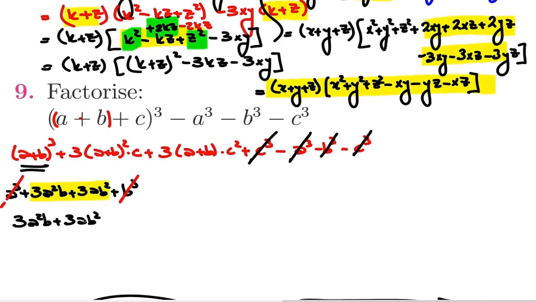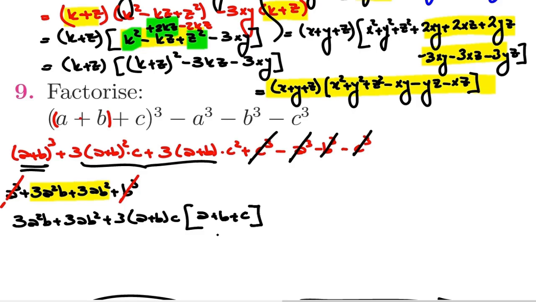What do we do next? Next, if I factor out 3 times a plus b from here, will that work? A plus b plus c remains. Isn't that right? I got 3. I got 1a and 1b. I got 1c each. All right. If I take out the 3ab, I'm left with a plus b.